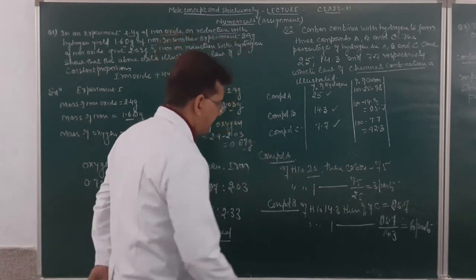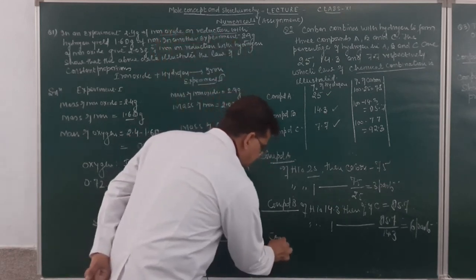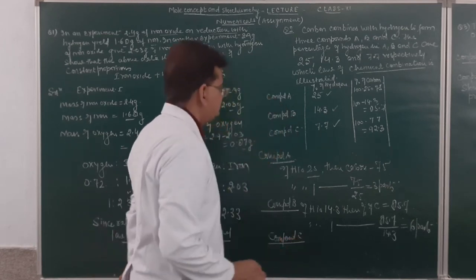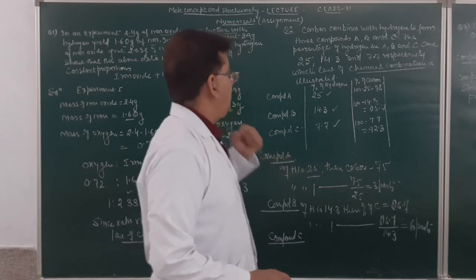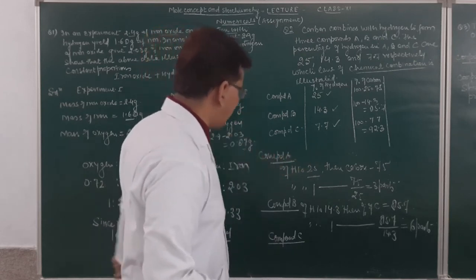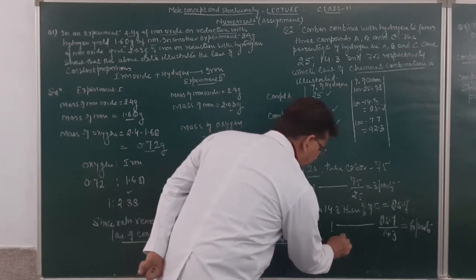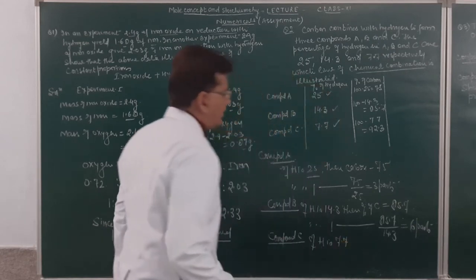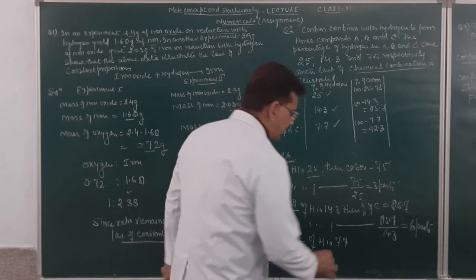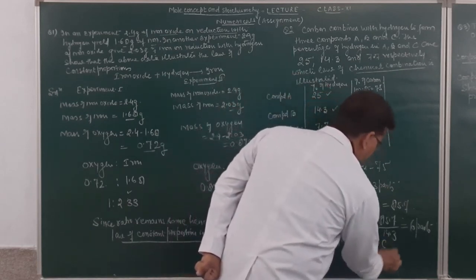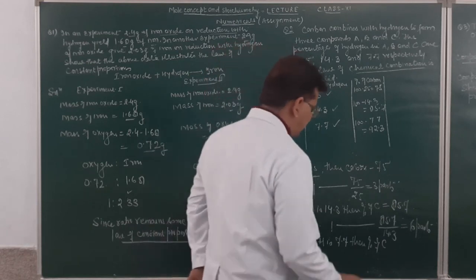Now if I say compound C, if hydrogen is 7.7, then the percentage of carbon will be 92.3.